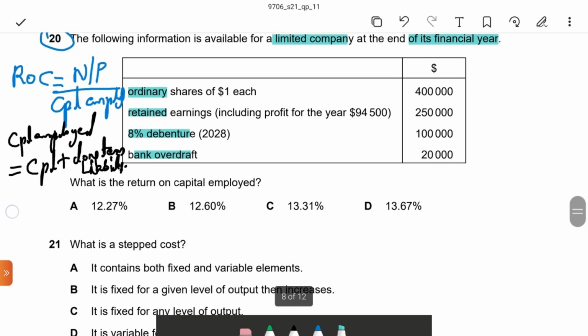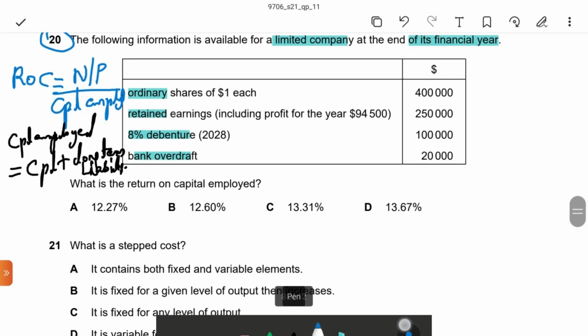The net profit is given. Retained earnings include profit for the year 94,500. This 94,500 is after deducting interest, tax and everything, so this is the end of the year profit.